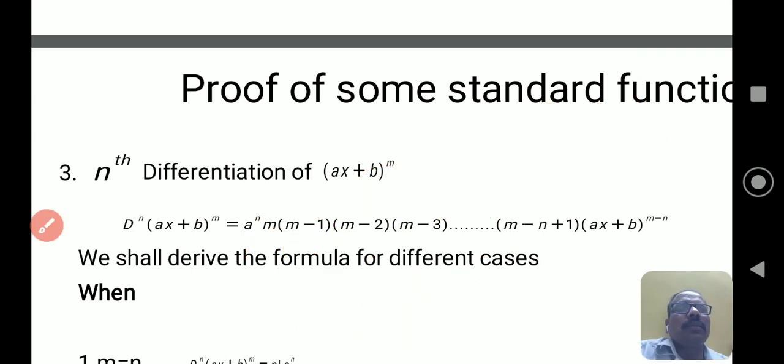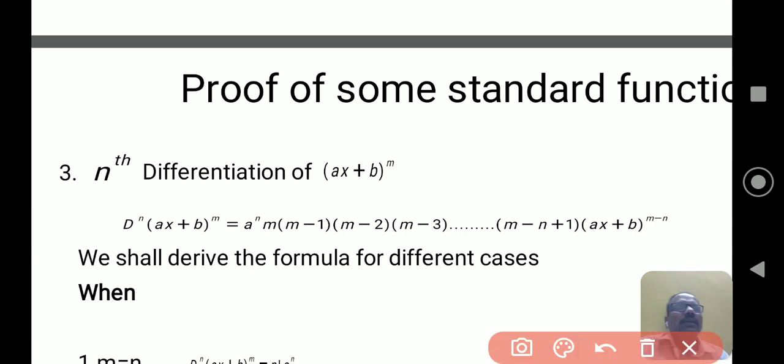Similarly, you can differentiate a second time. The a is already there, and it becomes a square because you are differentiating once again. M into the m minus 1 derivative is m minus 1 into ax plus b whole to the power of m minus 2, and again so on, you can differentiate n times.